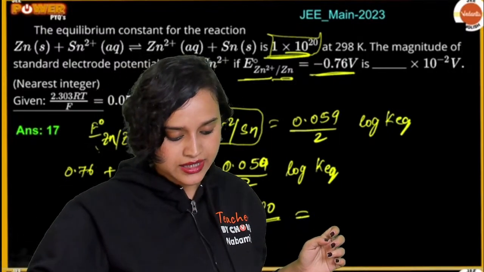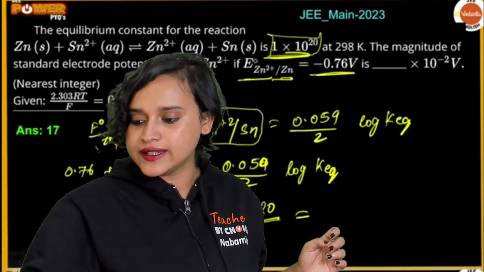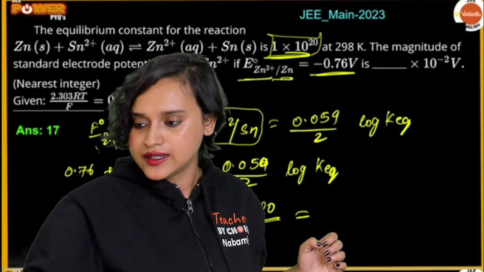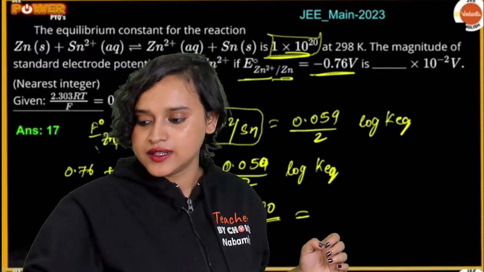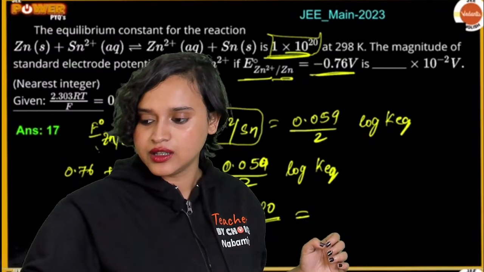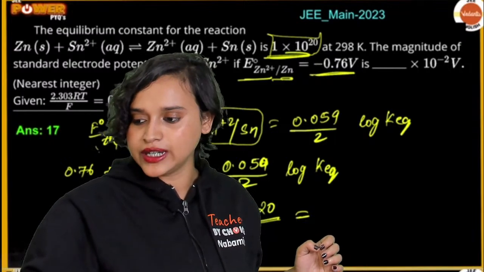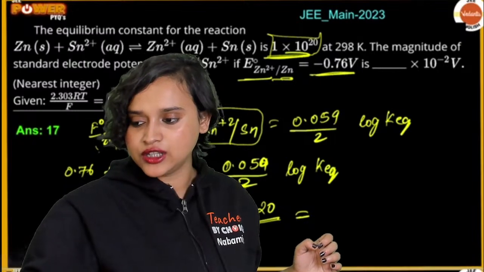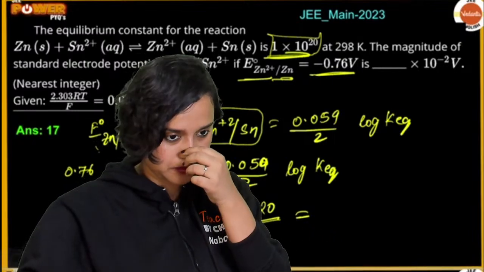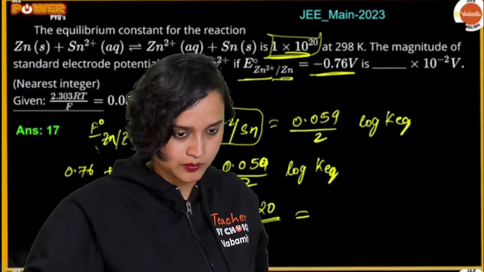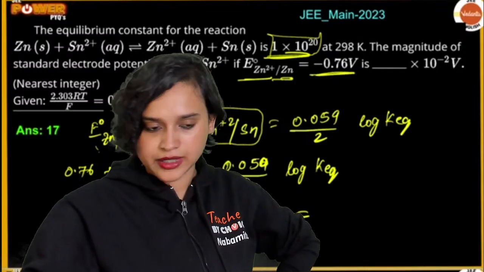Solve it. 0.059 multiplied with 20 divided by 2 is equal to, how much is it coming?